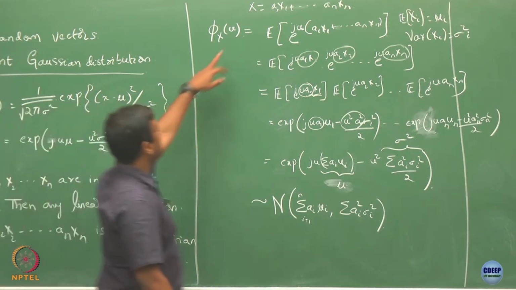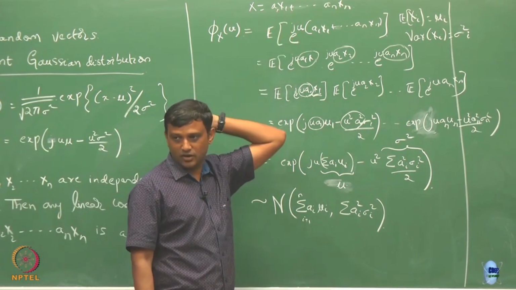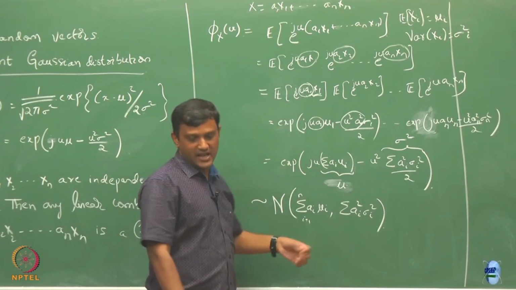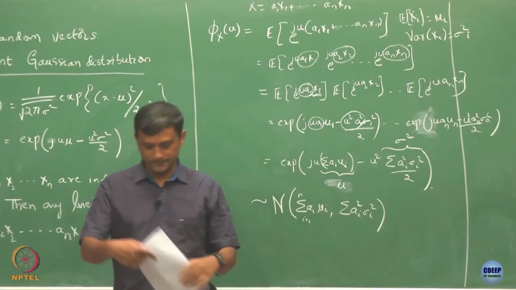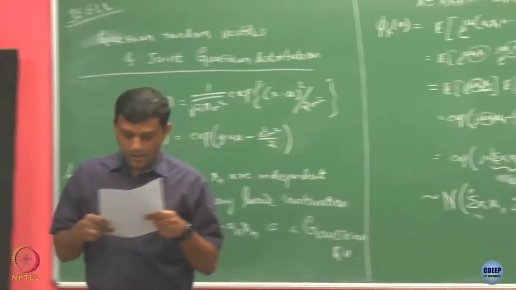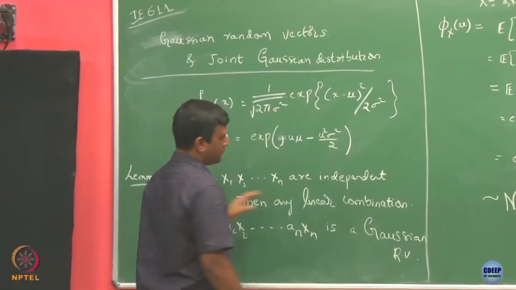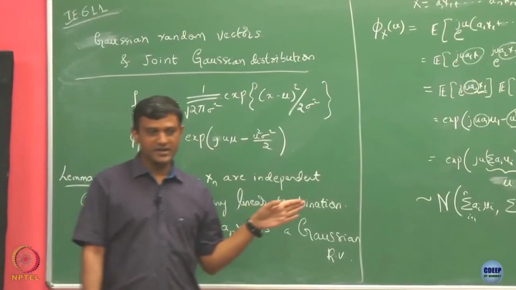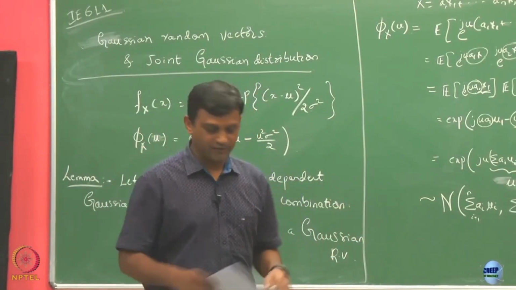This means my x here, which is a linear combination of independent Gaussian random variables, is going to be another Gaussian distribution with mean like this and variance like this. So what we have just shown is that any linear combination of independent Gaussian random variables is going to be another Gaussian random variable.